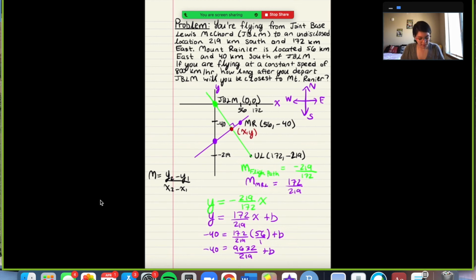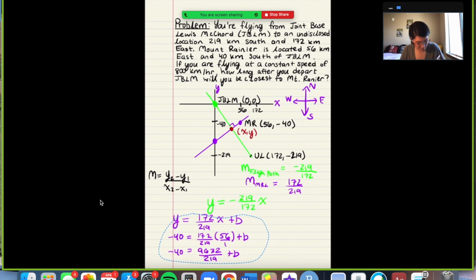And then I'll write this as the decimal, just so it's a little bit easier. So we have negative 40 is equal to 9,632 divided by 219. It's going to be approximately 43.98 plus b.